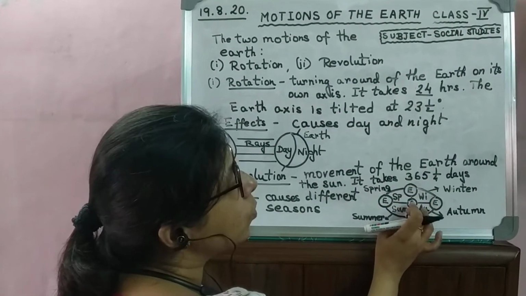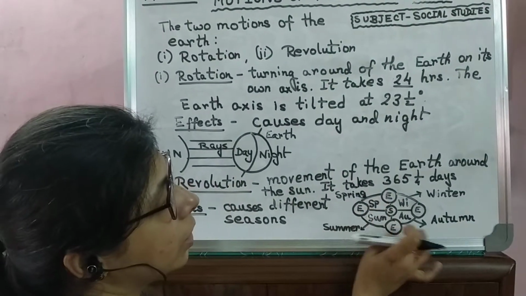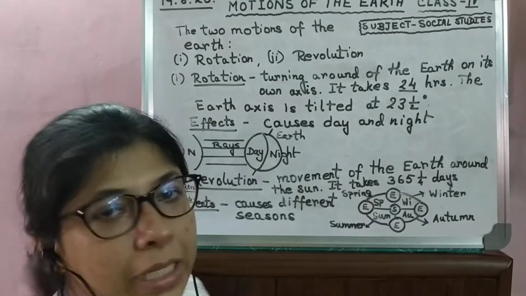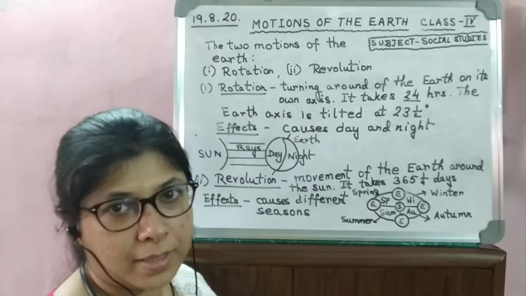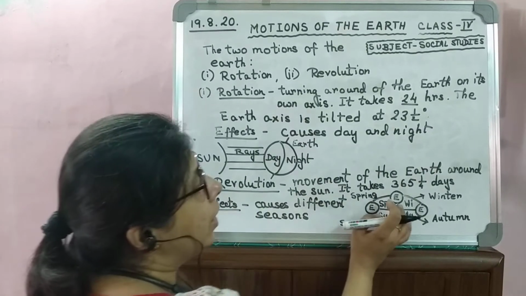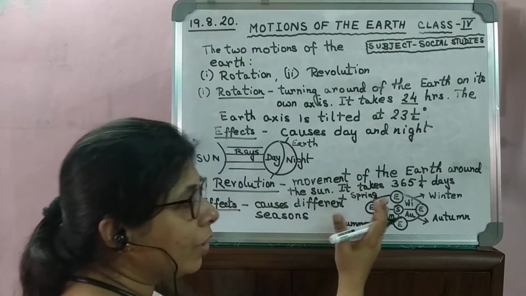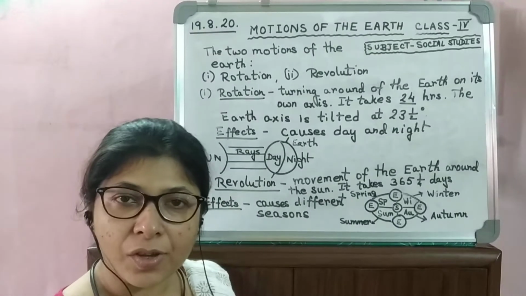In this diagram, you can see this is the position of the sun and these are the positions of the earth. As we know, in a year there are 4 different seasons: spring, autumn, summer and winter. The part of the earth that faces the sun receives the direct rays of the sun.